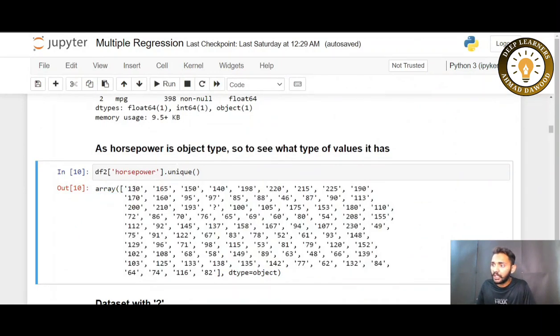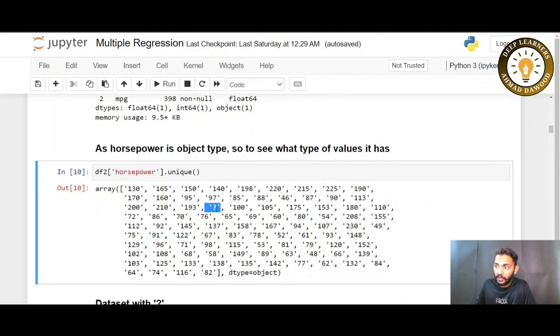All the values are in single quotes, so these are not numerical values; they are actually strings. So we have to convert this column from the object data type into an integer data type. Before that, you can see there is also some noise in that column.